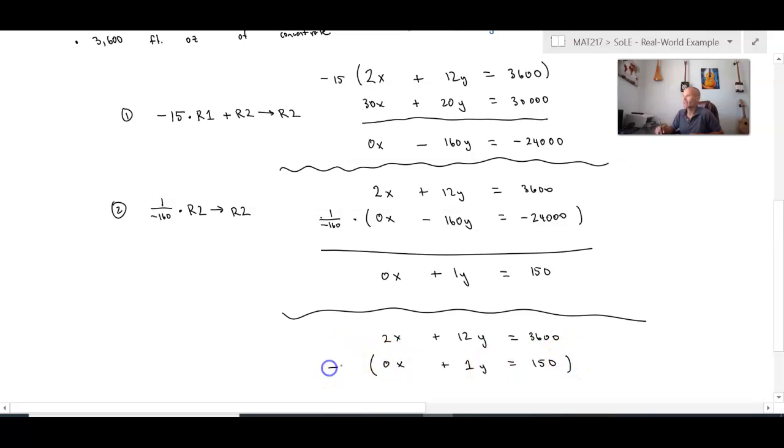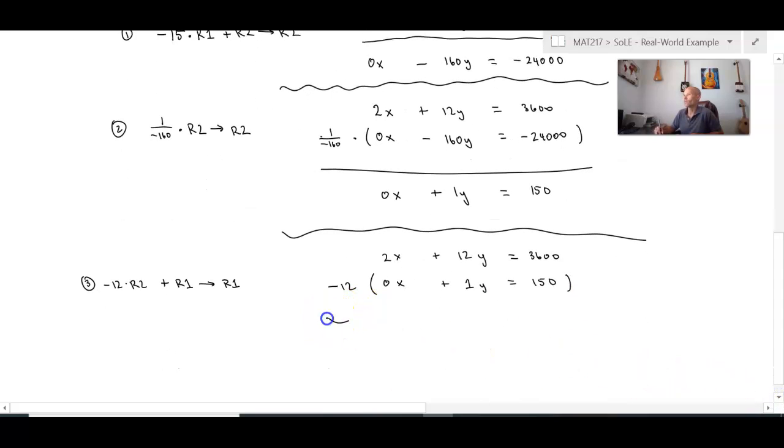If I take negative 12 times row 2, and I add it to row 1, only changing row 1, then that will allow me to eliminate the y variable in the first equation. So negative 12 times 0 is not going to affect the addition here. Negative 12 times 0 is 0, plus 2 is still 2x.